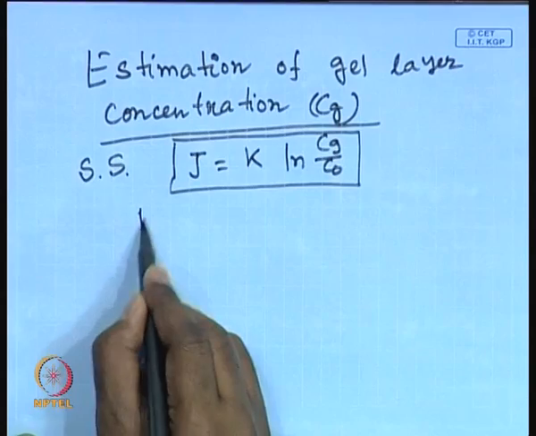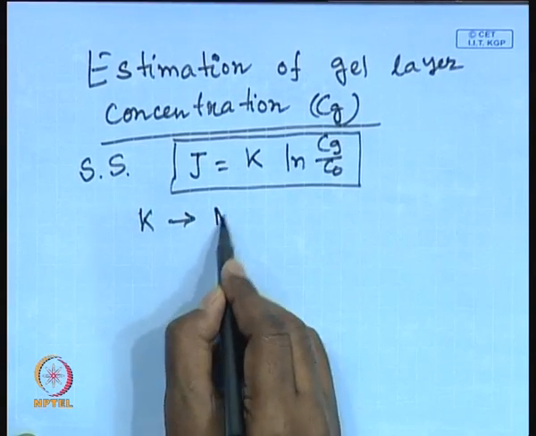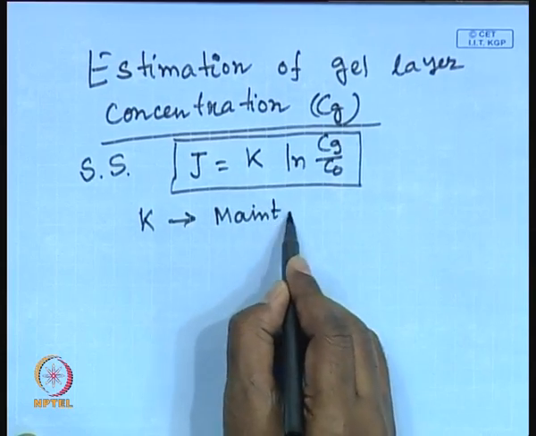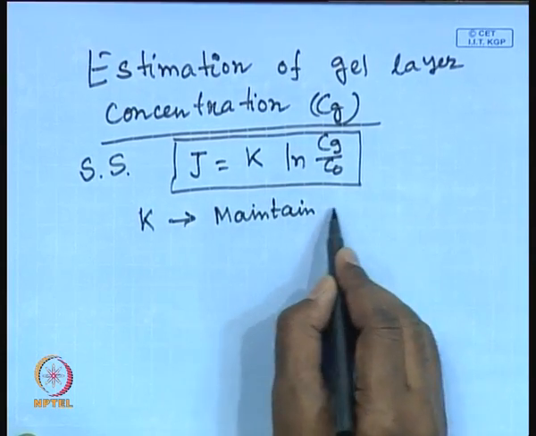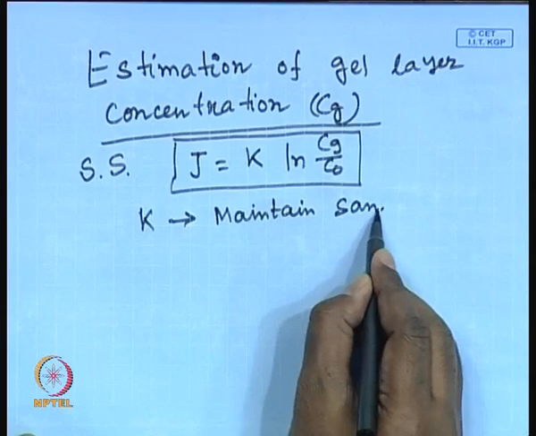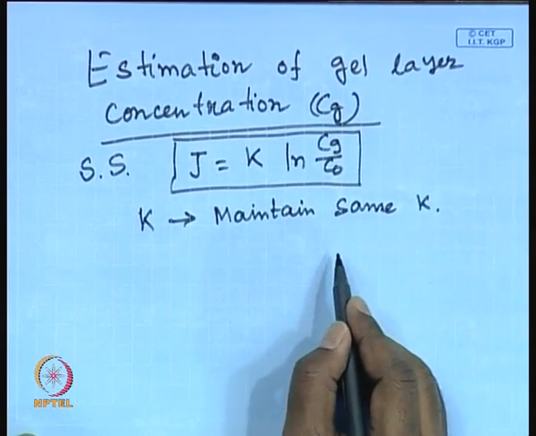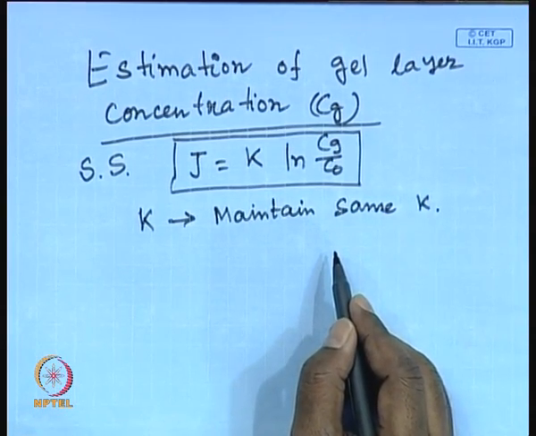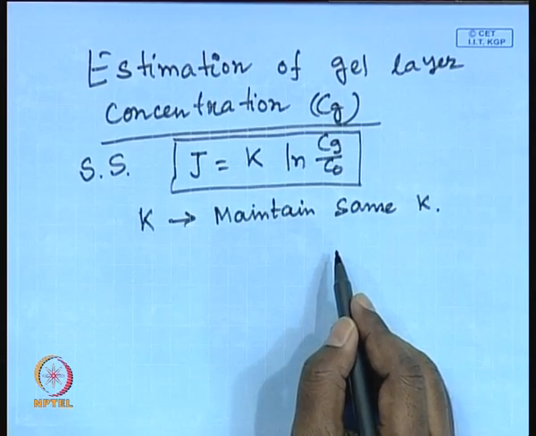Now, we maintain the same mass transfer coefficient. How to maintain that? If we maintain the same hydrodynamics in the channel, the mass transfer coefficient will be the same. That means we are going to conduct a number of experiments under the same stirring speed or the same cross flow velocity.